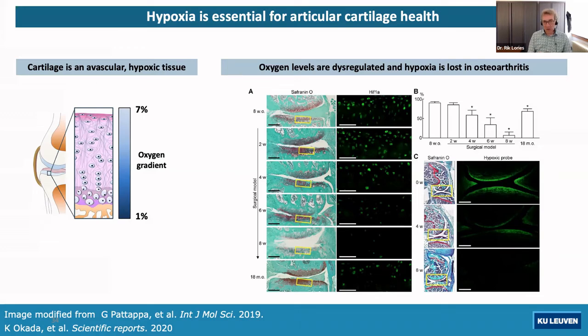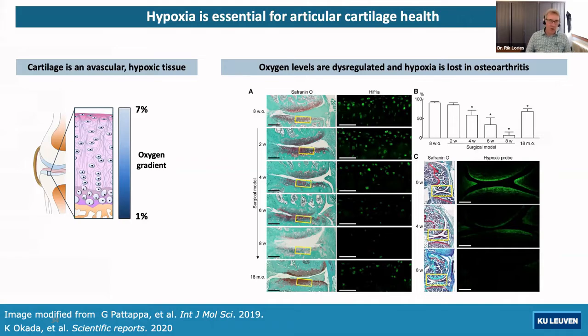I told you it's non-vascular, so you can guess that the oxygen level is low. And the amount of oxygen goes down from the surface of the articular cartilage towards the deeper layer.